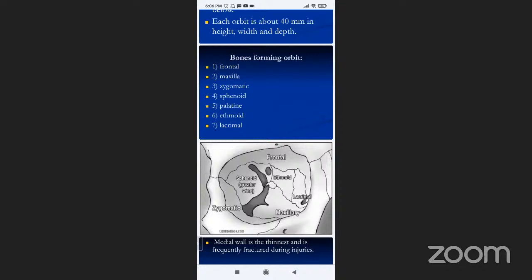At the posterior-most end, there is the lesser wing of sphenoid. Then the lateral wall is zygomatic bone and greater wing of sphenoid. And the floor is formed by the maxillary bone and the palatine bone. The posterior-most part is by the palatine bone. And the medial wall is formed by the frontal process of maxilla, then lacrimal bone, ethmoid bone, and a portion of the body of sphenoid. These 4 bones constitute the medial wall. So altogether, there are 7 bones which form the bony orbit.